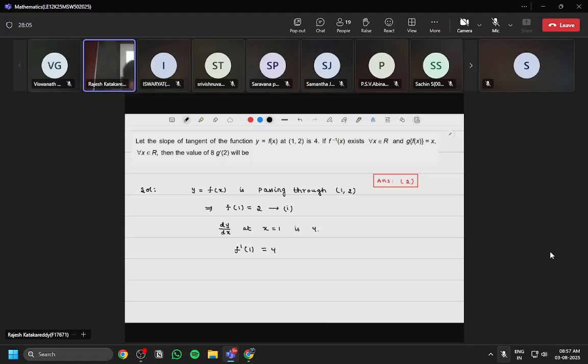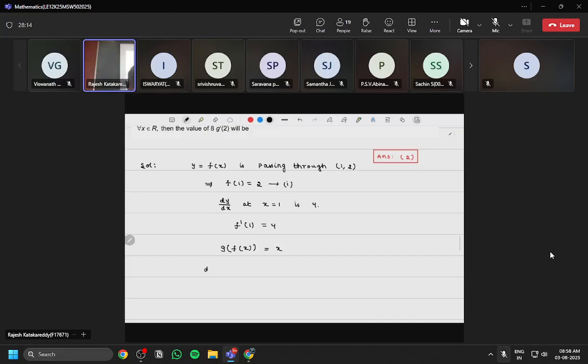Now let us consider the given composition. G of f of x is equal to the identity function. I am saying differentiation with respect to x on both sides.